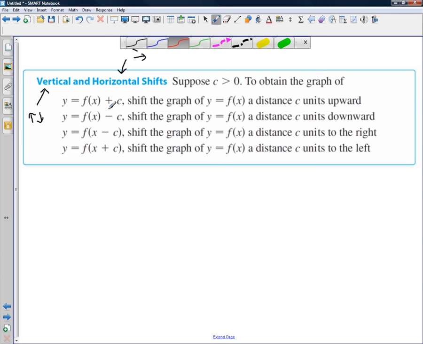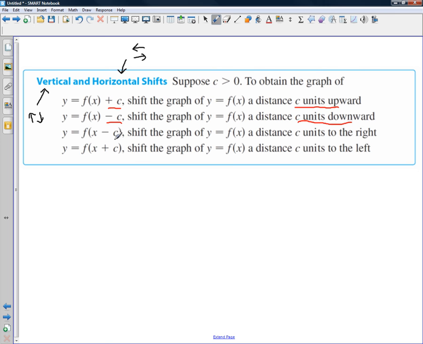If there's just a c added onto the end, and it's not with the x, notice that we go c units up. Every y is c units more than it was before. If we subtract the c from the end, we go c units down.